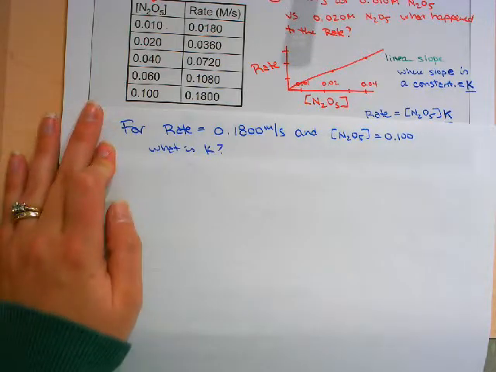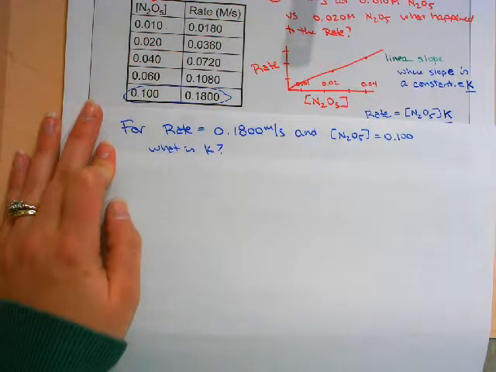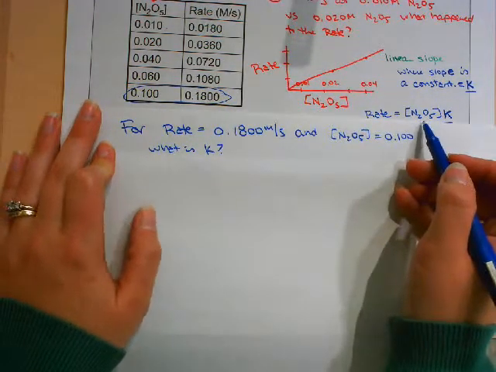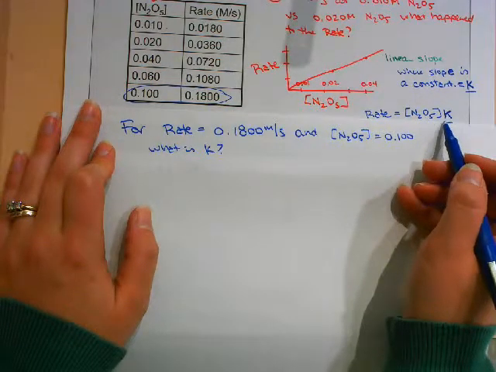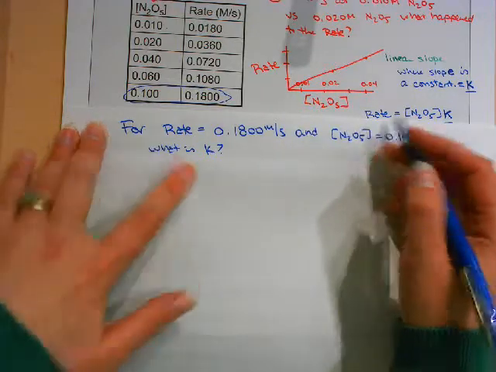Let's say I'm looking at this final data point right here. I have the rate, and I have the concentration. I want to plug it into this equation and find K. So I plug in the rate.